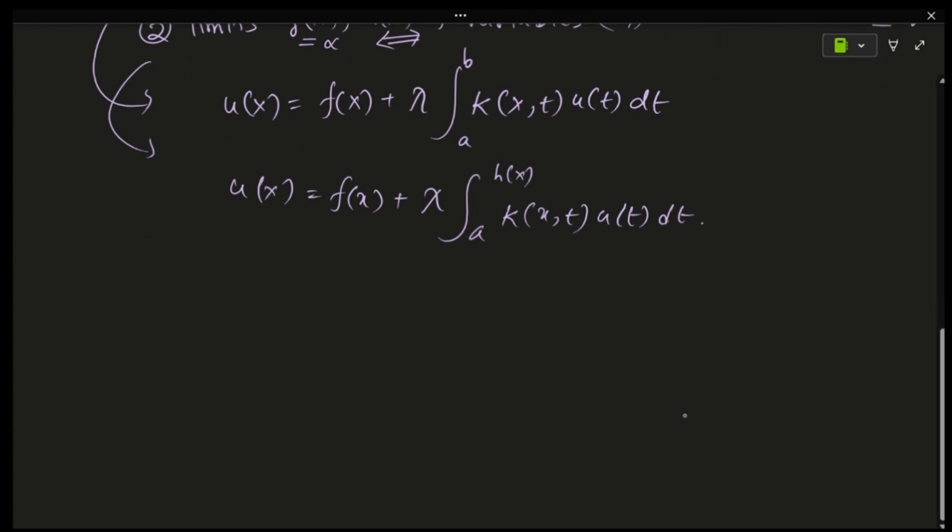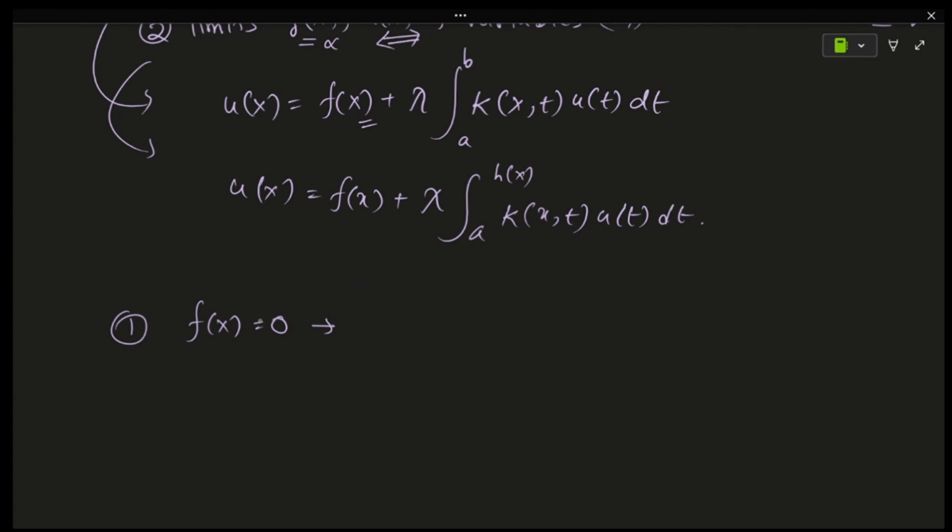We can also classify integral equations into various types depending on the existence of unknown variables outside or inside, or even the existence of the free terms. So if f of x equals 0, that means this term simply does not exist, then it's called a homogeneous integral equation.